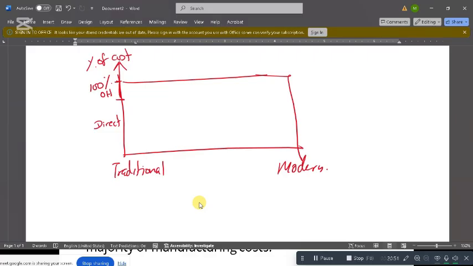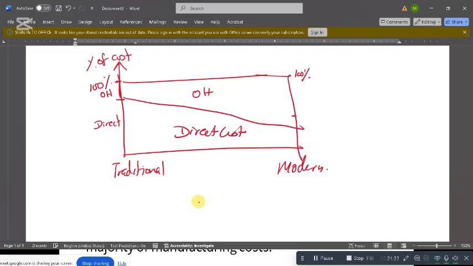But now in the modern world, the proportion of overheads has increased. There is a lot of administration work, a lot of marketing work, a lot of other work than production. I am not saying that in terms of dollar value direct cost might not be the same or sometimes even more, but out of 100% of a product's cost, the proportion of direct cost has reduced like this.